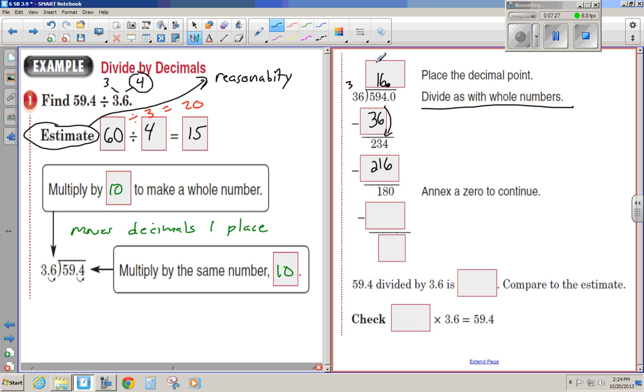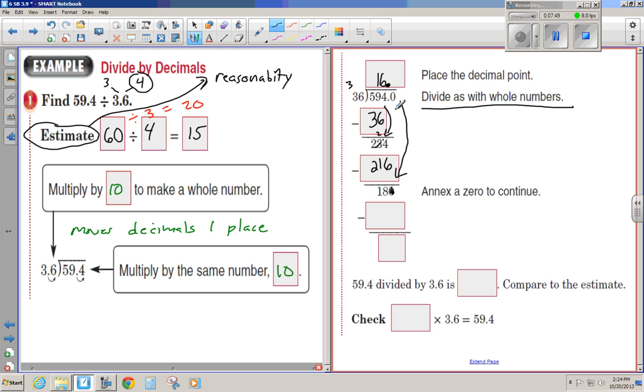And now when I do the subtraction, comes the 2, to 8, and an 18. So remember, don't worry about this 0 right away. 18. Well, now we have to annex a 0 to continue doing the dividing.